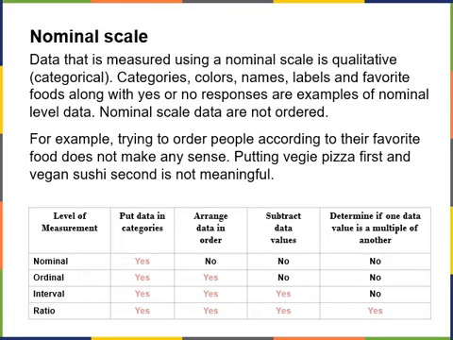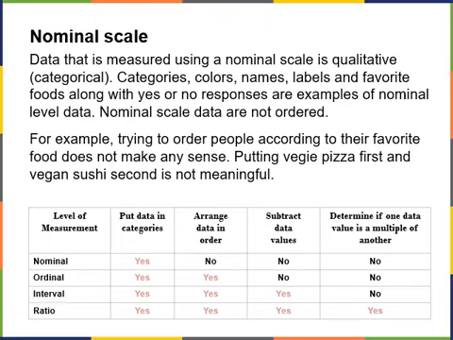Think of categories, descriptions. It is not arranged in any kind of order. It doesn't have any kind of numerical importance. For example, nominal data is stuff like colors, names, labels, and favorite foods, along with yes or no responses.